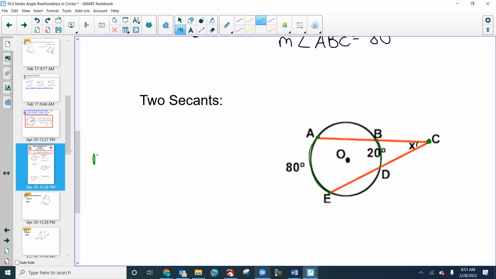So the measure of angle ACE is half of 80 minus 20. Half of 60. 30 degrees.